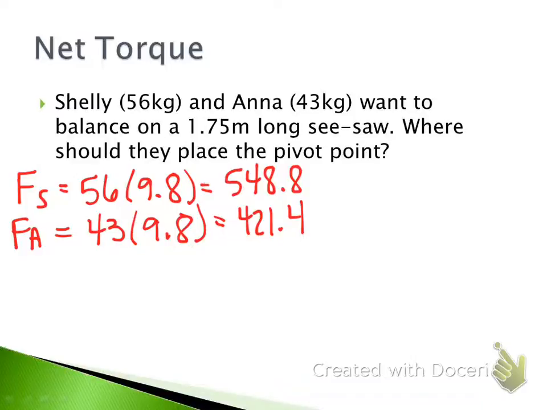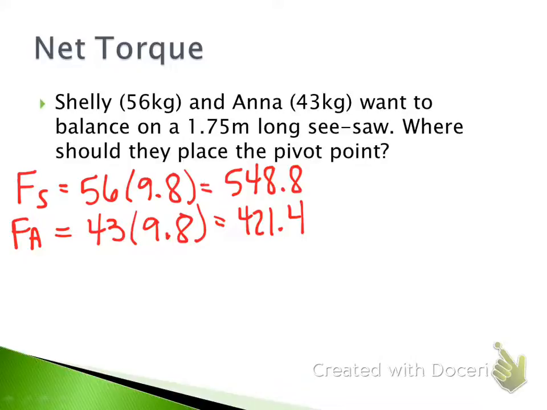All right, now what do we need to do for the pivot point or their radius? What do we know about their radius? Let's think about this. What do we have to know about the sum of their radius? The sum of their radius has to add up to 1.75.